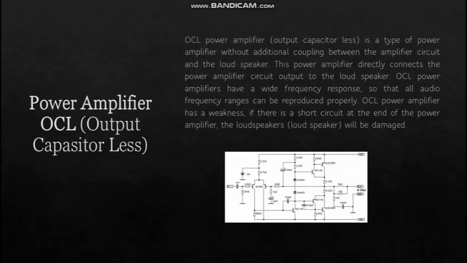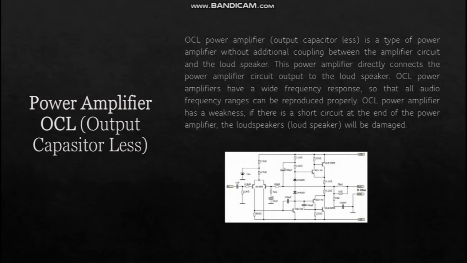Power amplifier OCL, output capacitorless. OCL power amplifier is a type of power amplifier without additional coupling between the amplifier circuit and the loudspeaker. This power amplifier directly connects the power amplifier circuit output to the loudspeaker.